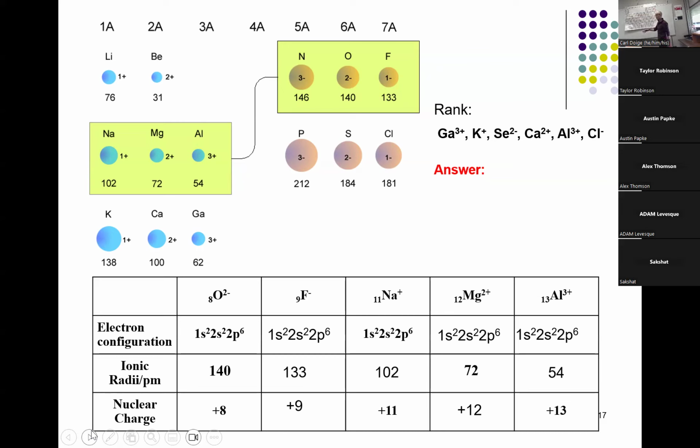That would be one isoelectronic series. Or we could start at phosphorus. Phosphorus, sulfur, chlorine would all have the same electron configuration as argon, and potassium, calcium, and gallium would all have the same electron configuration as argon. That would be another isoelectronic series.